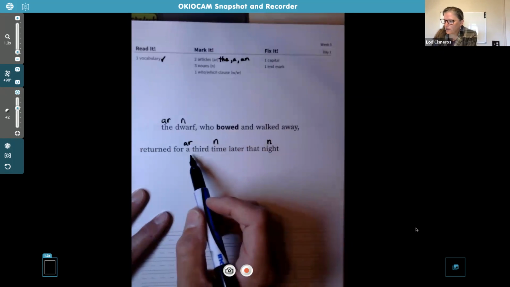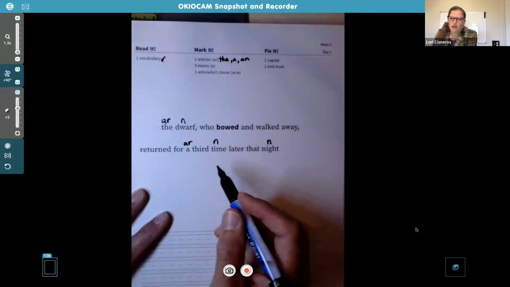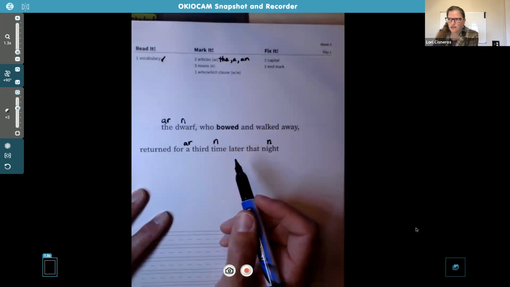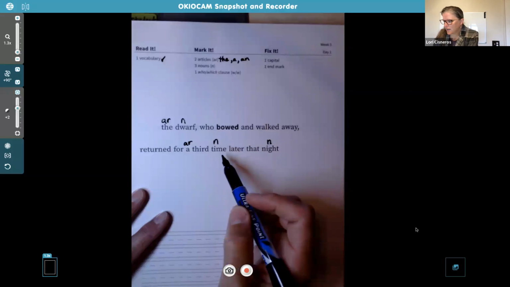So for a third time, it's not talking about a clock time, but it's talking about how many times. Good job, whoever said that, because the dog might catch the ball 3 times in a row, right? 3 times is not 3 o'clock on the clock, it's how many times it happened. So good, that's the third noun.